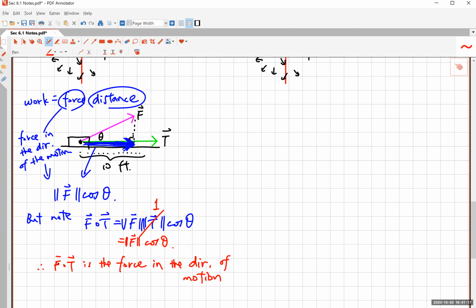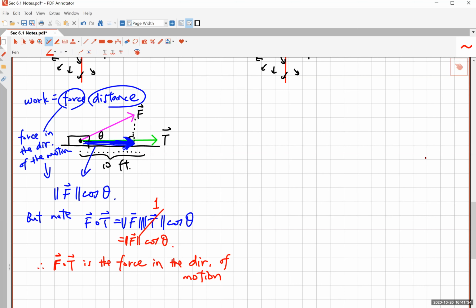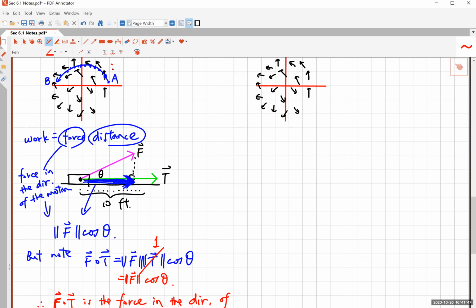Okay, so when you dot F, the vector field, with a unit tangent vector in the direction of the motion, then you get the force that is acting on the object at that point in the direction of capital T. And therefore, if you integrate this over that path, the curve C, this is the curve C. The C is the curve or the path from A to B, right?